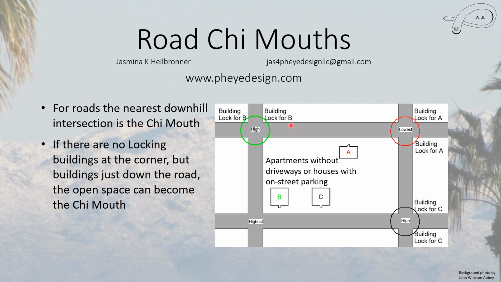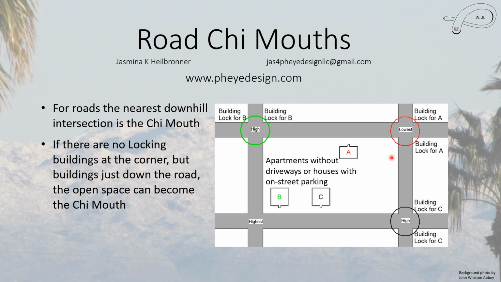And in that case, if it were just like this, I would no longer consider this to be the chi mouth for building B. I would turn back to this one, because I'm assuming there are other houses here. I'm just not showing them, so as not to clutter up the image too much.